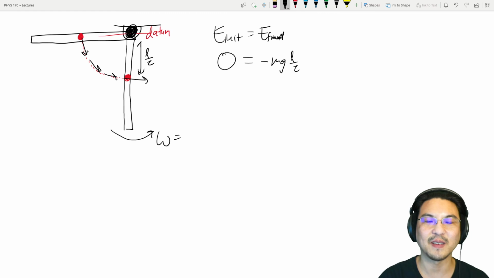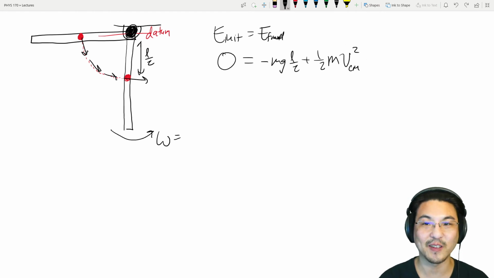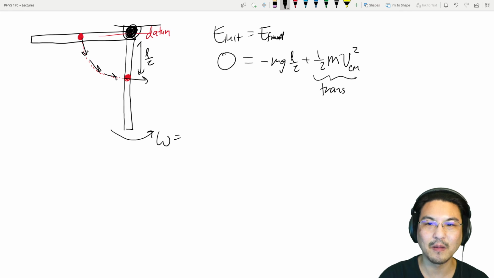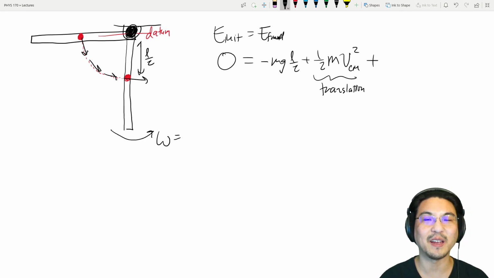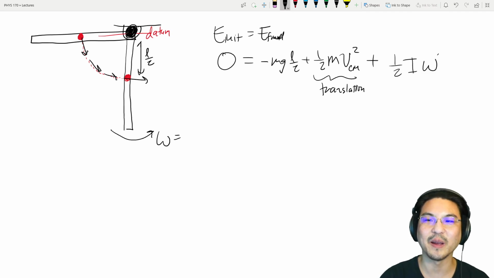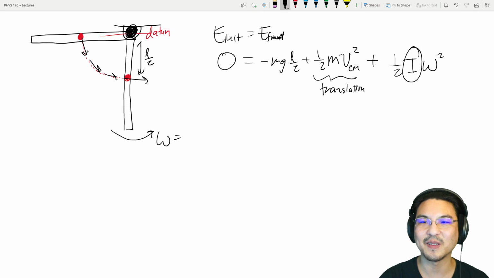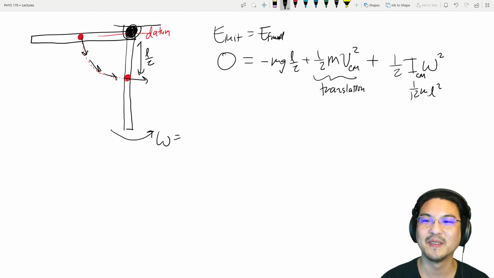So what's the kinetic energy for the center of mass? 1/2 mv squared, where this is the velocity of the center of mass, translating. So this is translation. Plus, the bar is rotating about its own center: 1/2 I omega squared, where this is the moment of inertia of the bar about its own center, which is 1/12 ml squared.